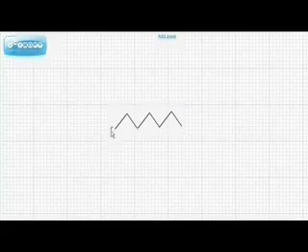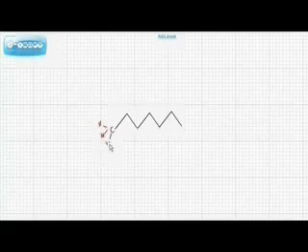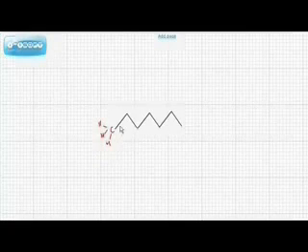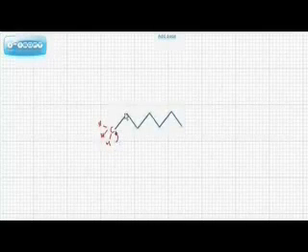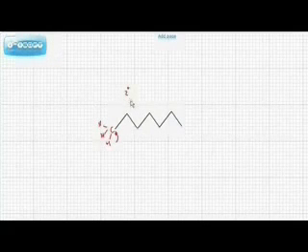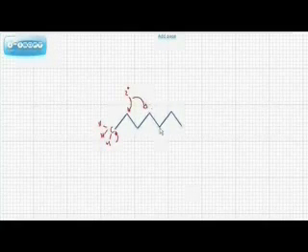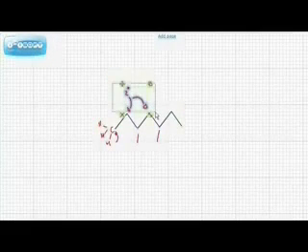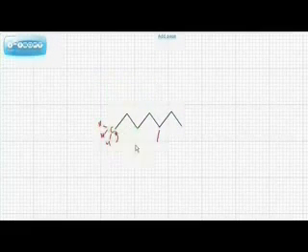So in this case right here, this carbon would have 3 hydrogens coming off of it, and any terminal carbon, and by terminal I mean it's finishing off the compound, like this carbon right here, is always going to have 3 hydrogens. Now, these carbons right here, and this one, and this one, and this one, are called secondary carbons, and the reason we call them that, of course, is because they're bonded to 2 other carbons.